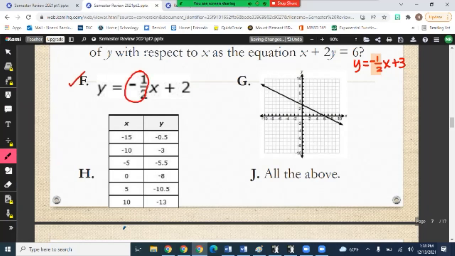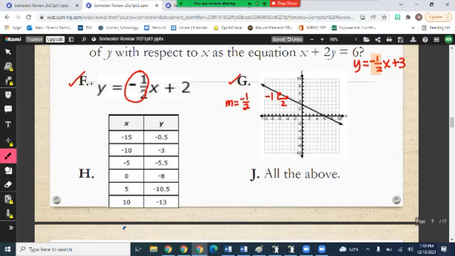How do you find the slope on a graph? Down what? Down to the right. How many do I go down? How many to the right? So my slope is... G is also a possibility.